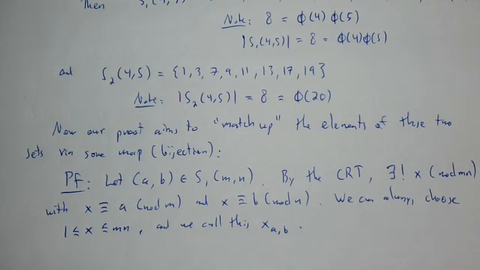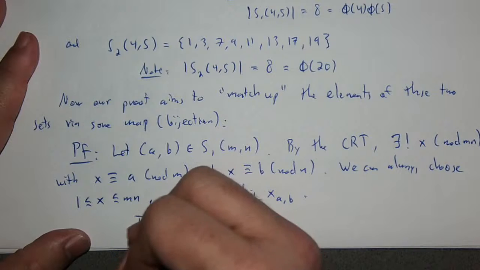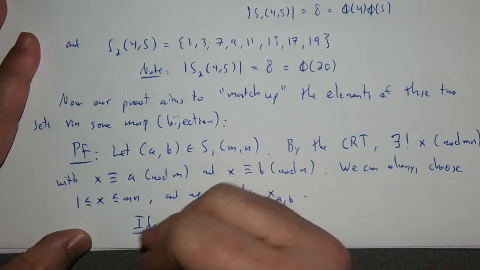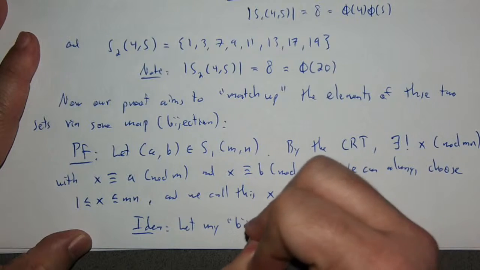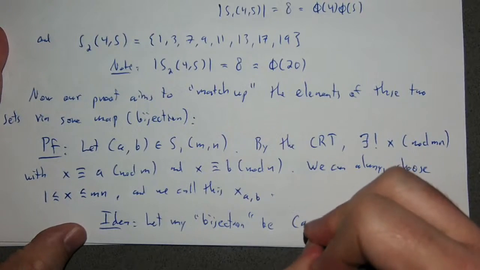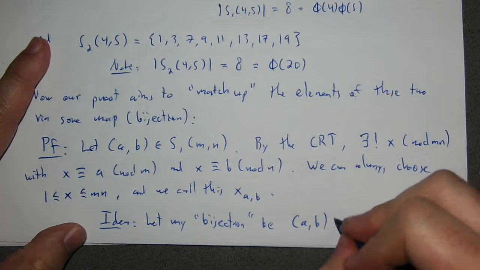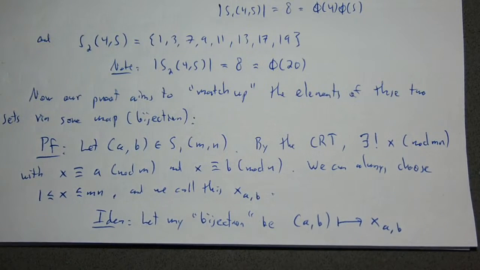All right. And so what is going to be my map? Then the idea: let my bijection be the thing that takes (a, b) and sends it to x_{ab}.